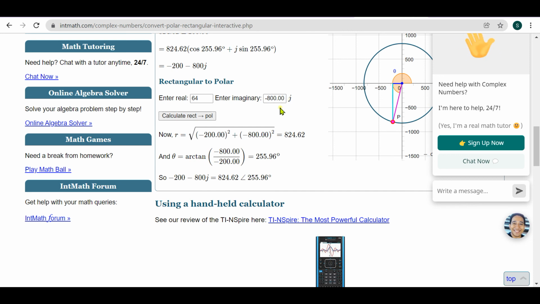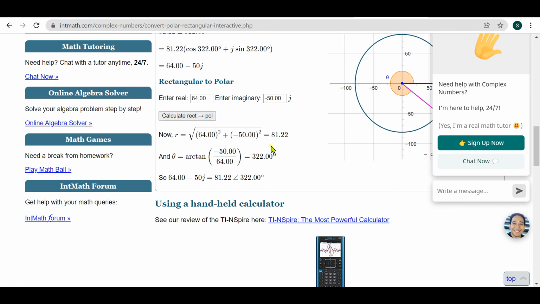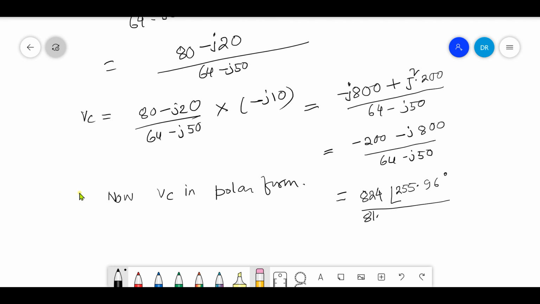Finding the value of 64 minus j50, here the angle is 322 degrees. So you have to divide 824 by 81.22, and you will get 10.145. Then you find the difference in angle, so it will be minus 66.04. So the voltage drop across the capacitor is 10.145 angle of minus 66.04 volt.